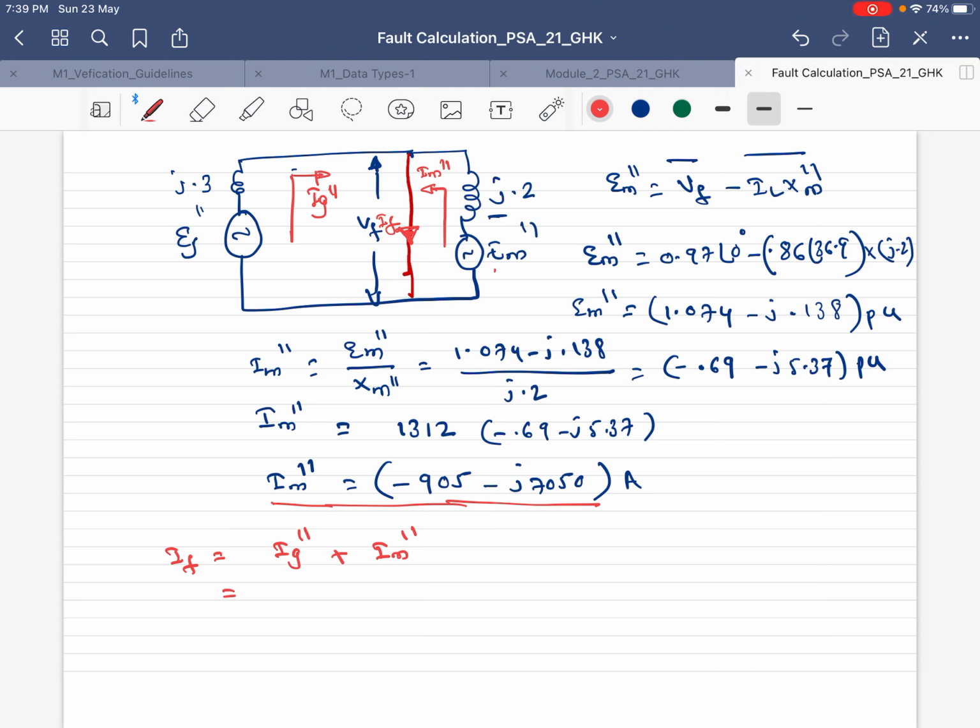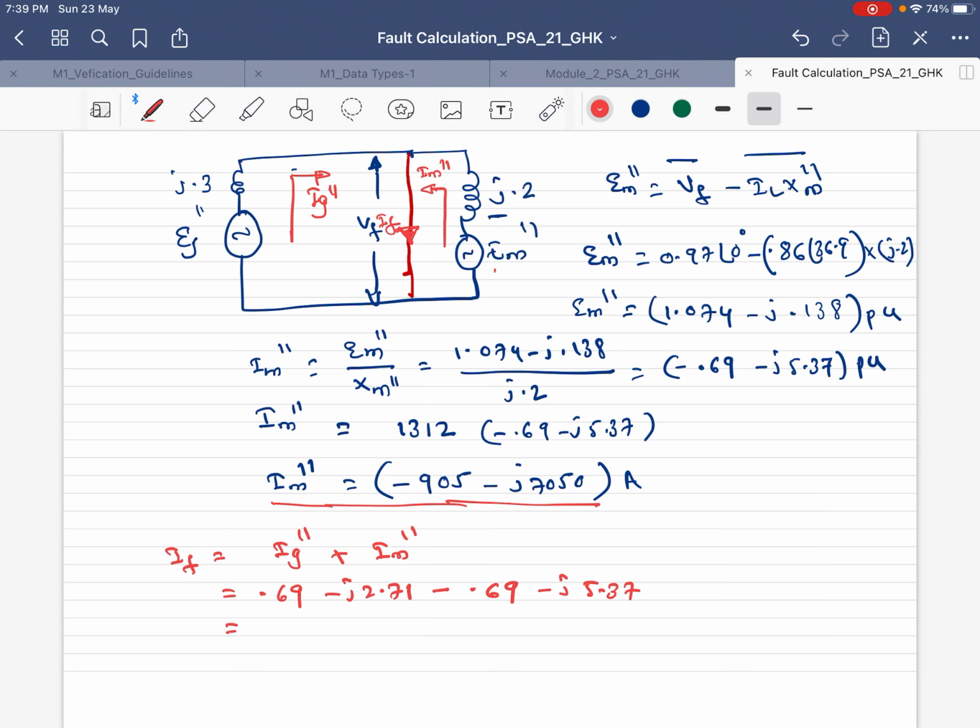Adding in per unit values, Ig double dash is 0.69 minus j2.71 and IM double dash is minus 0.69 minus j5.37.